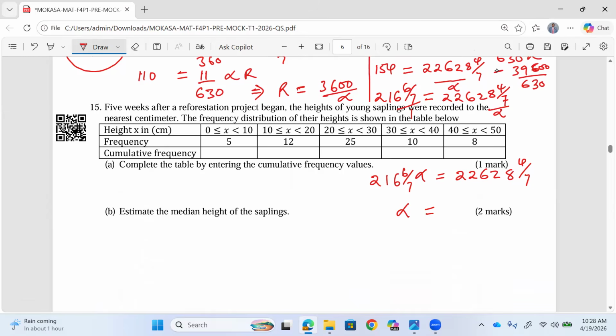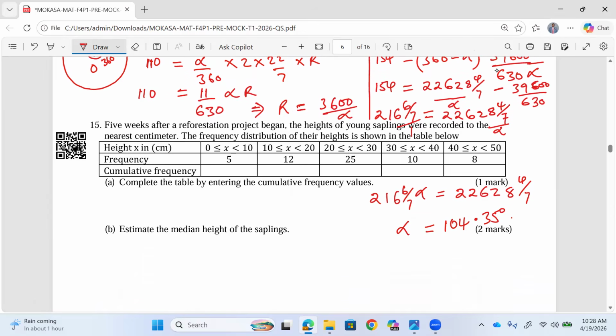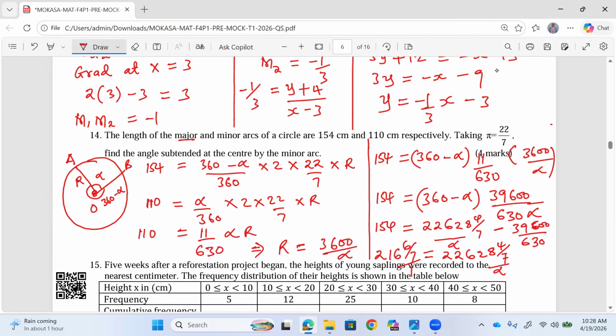And the value of the angle at the center shall exactly be 104.35 degrees.